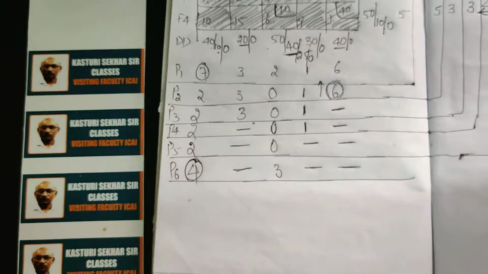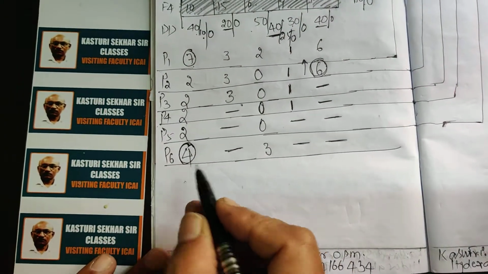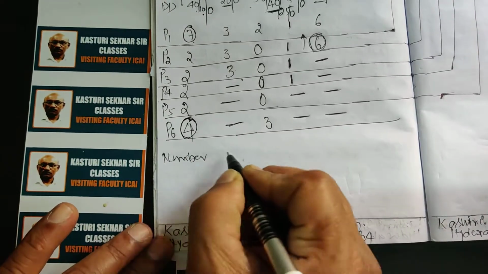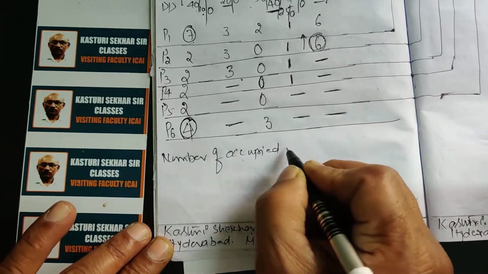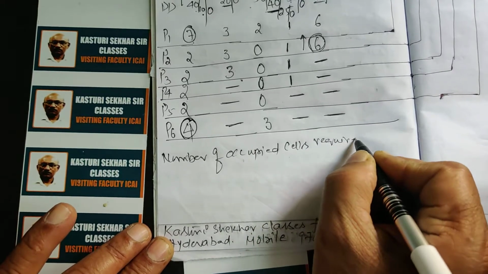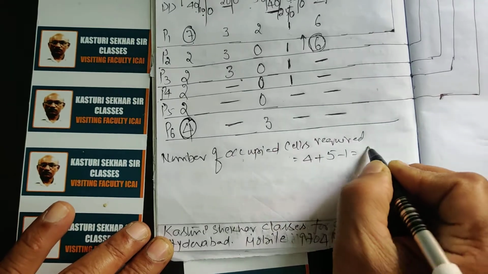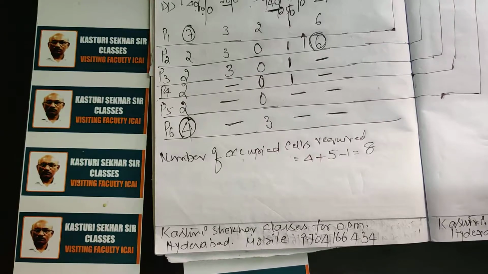Now let's see the number of occupied cells. The number of occupied cells required is equal to 4 rows plus 5 columns minus 1, so 8 occupied cells are required.